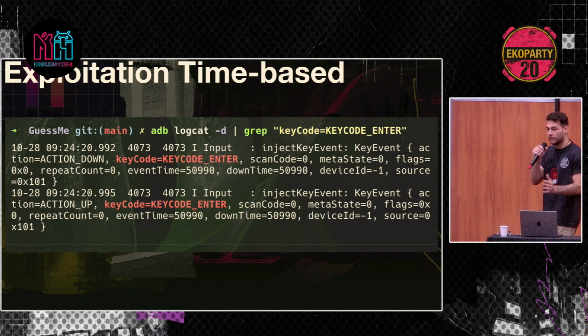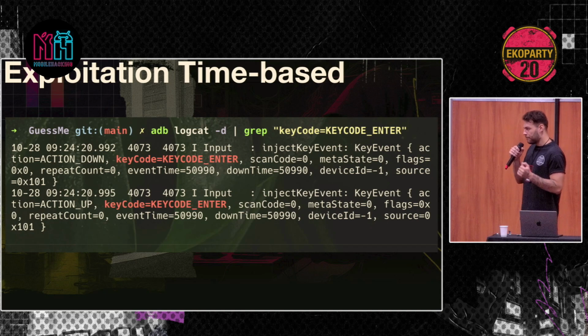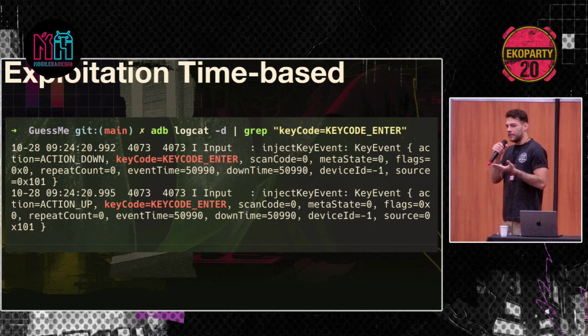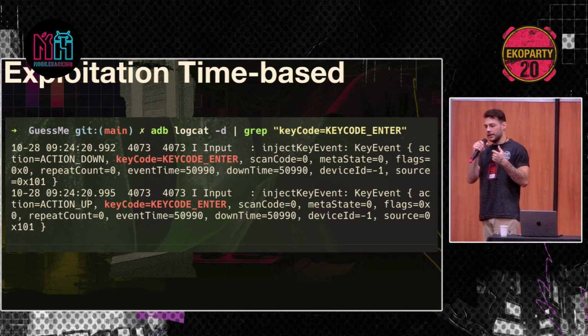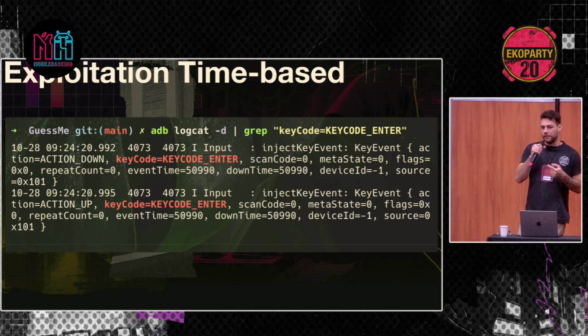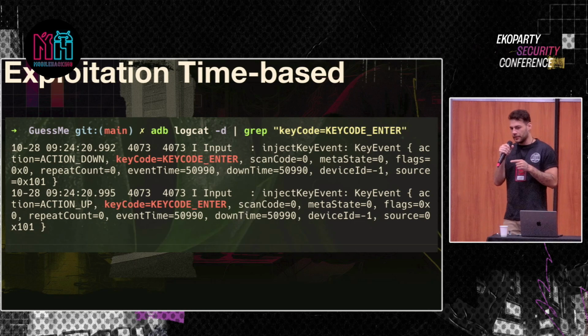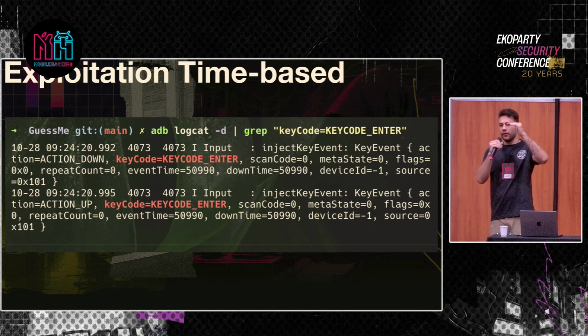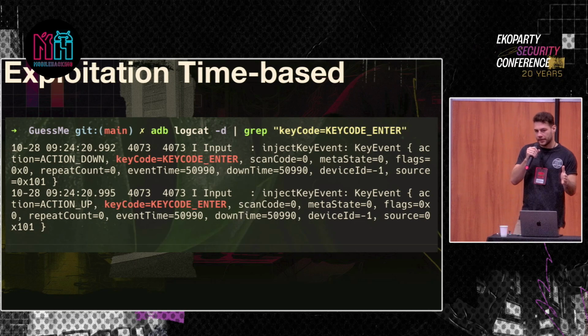I could maybe generate a timestamp before I hit the new game button, then generate another timestamp after I hit the new game button, and have a range between the init date and the end date to guess.